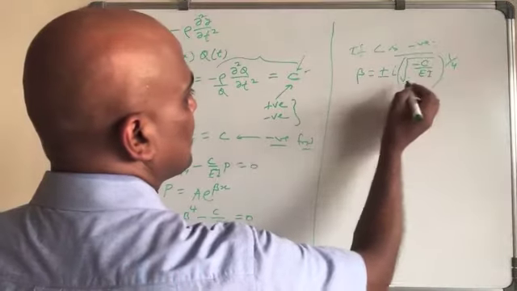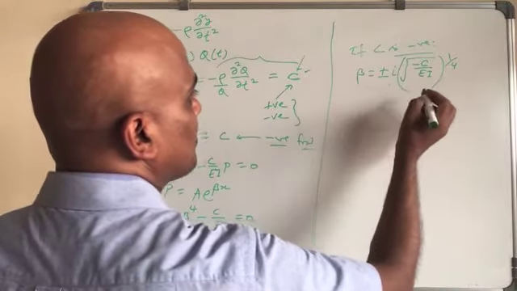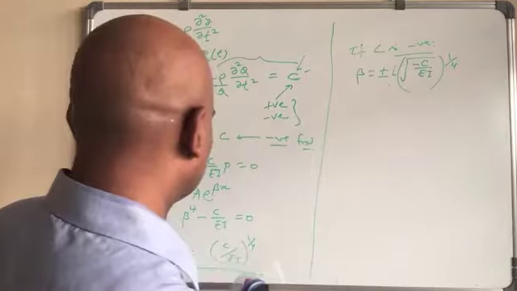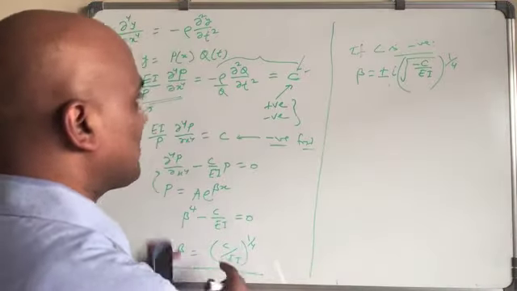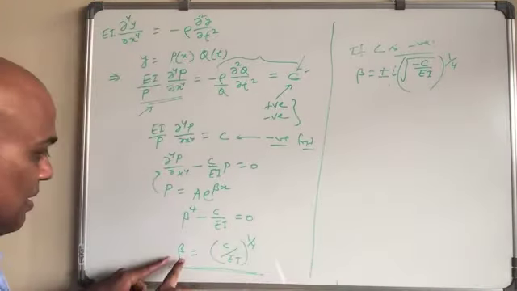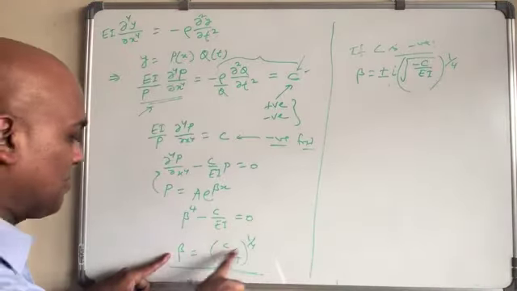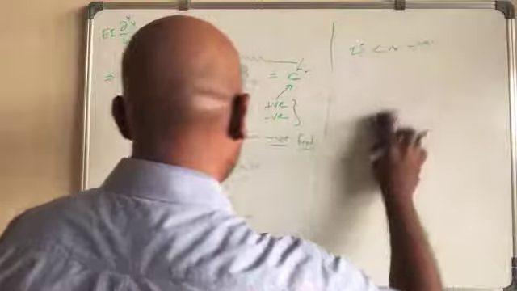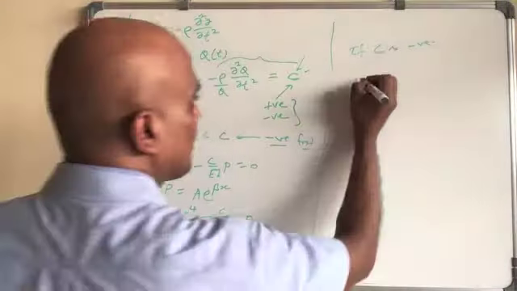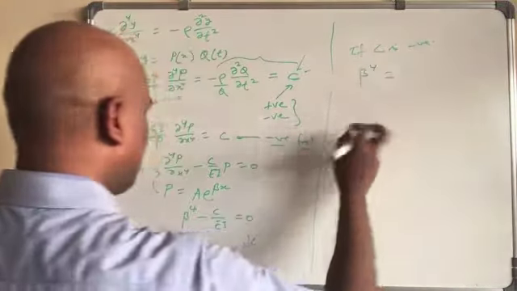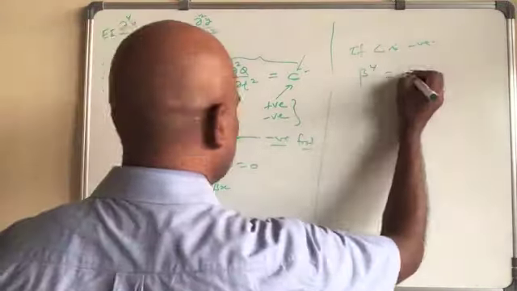So first, if beta will be equal to that, just a minute, I think there is a problem here. So see here, write beta to the power 4 equal to C over EI.